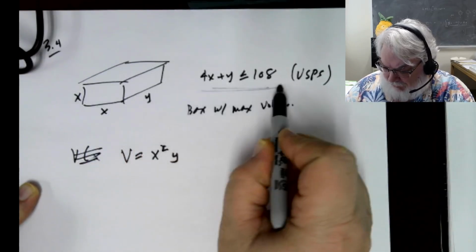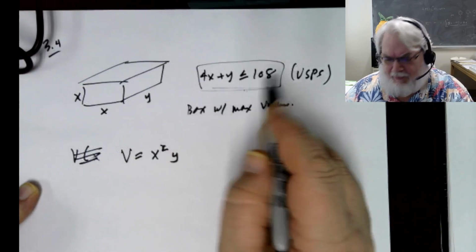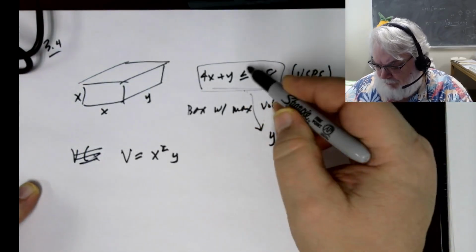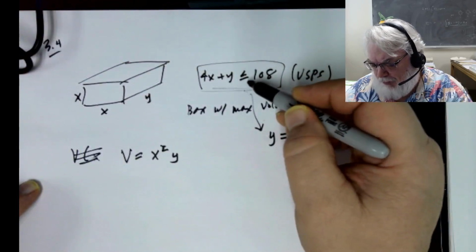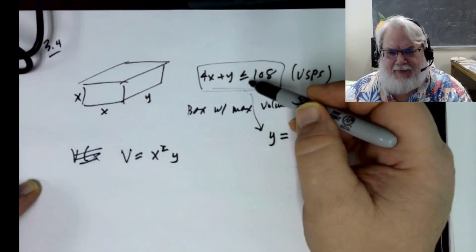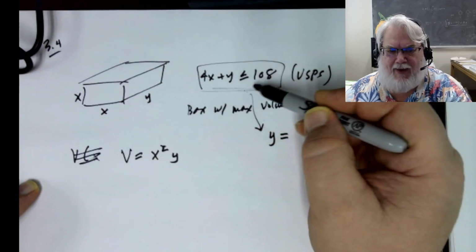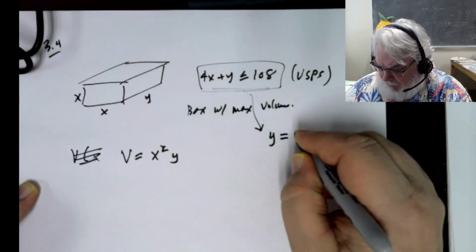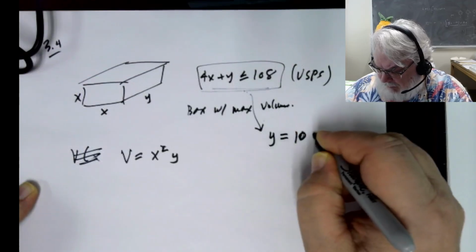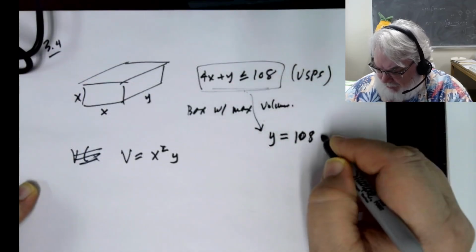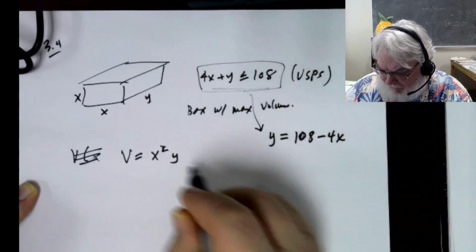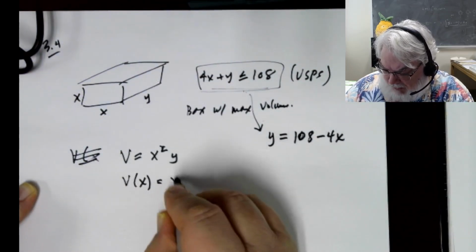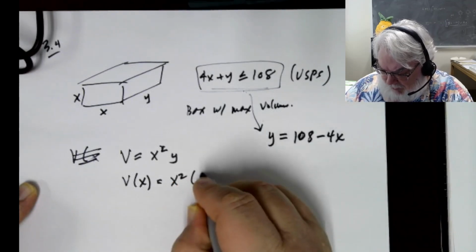But then we have this restriction on it, right? From this restriction, we can probably assume pretty safely that the maximum is going to occur where 4x plus y is equal to 108, although that might be subject to investigation. So we'll take 108 minus 4x to be our y, and so my volume now as a function of x will be x squared times 108 minus 4x.